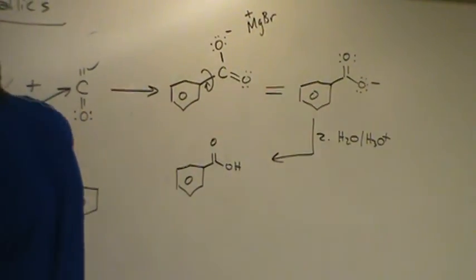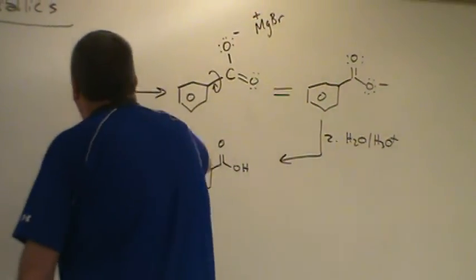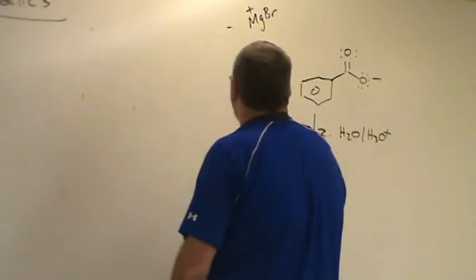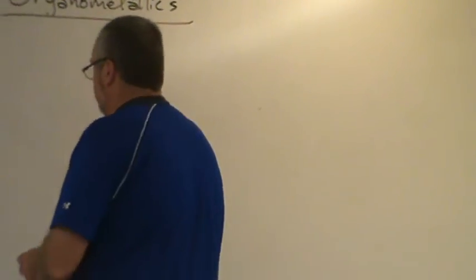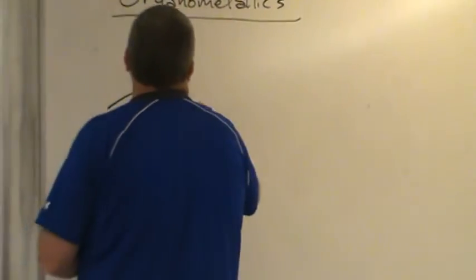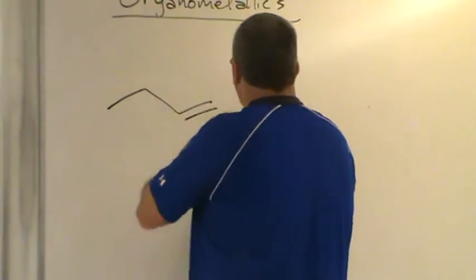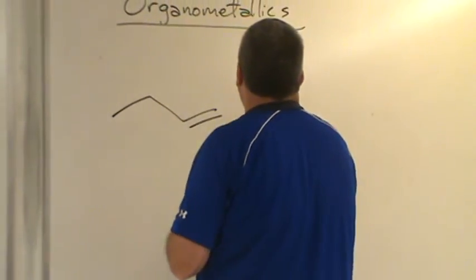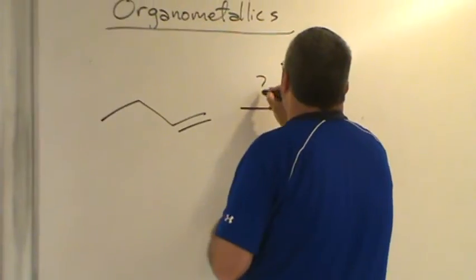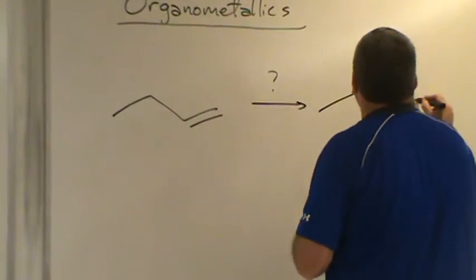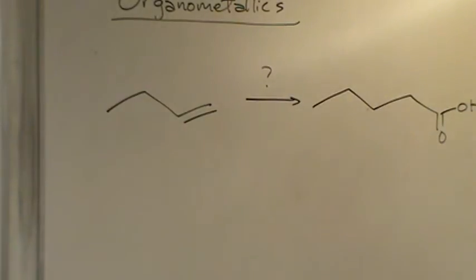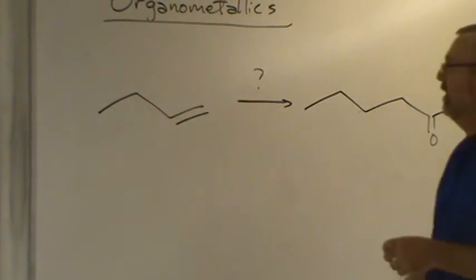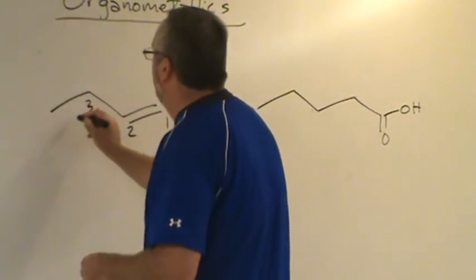Well, if you understand that, then you should be able to solve the following synthesis problem. I want you to start with this 4-carbon alkene, 1, 2, 3, 4.